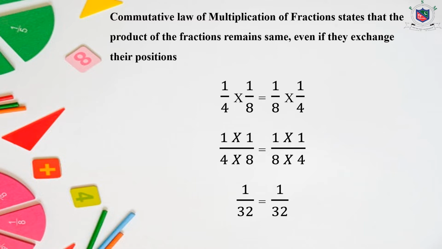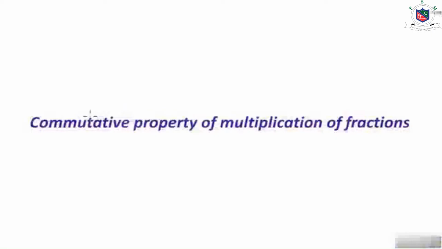Dear students, let's talk about the commutative property of fractions. As you know, today we are learning about the commutative property of multiplication of fractions, and as I already told you, this is related to multiplication.